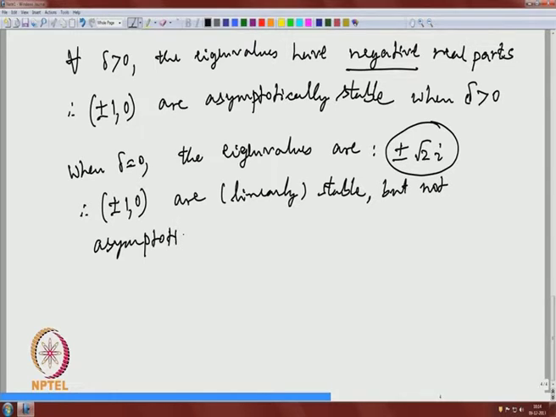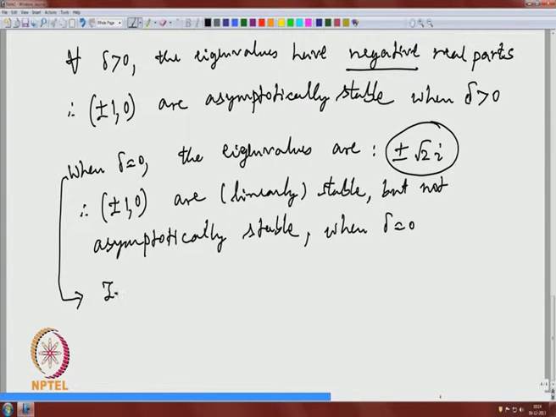So, this is again from the linear theory when delta is 0. Delta equal to 0 also falls in this case.